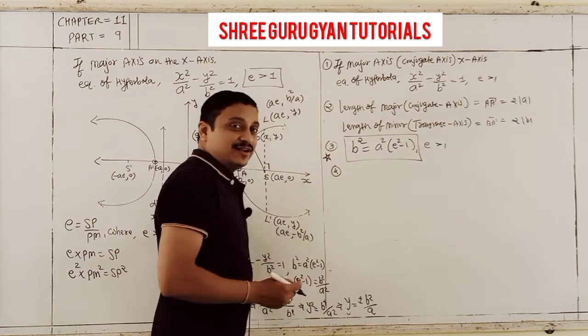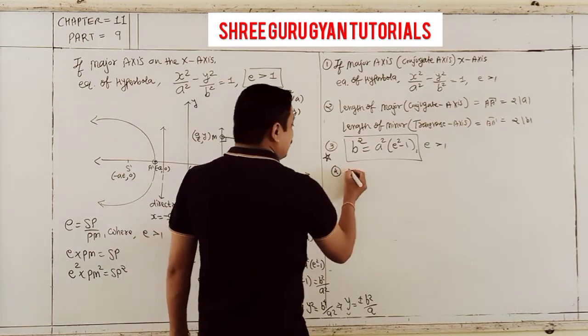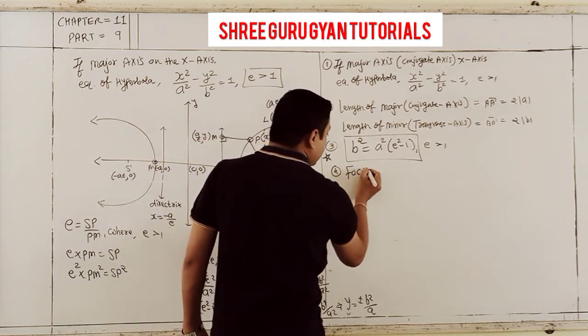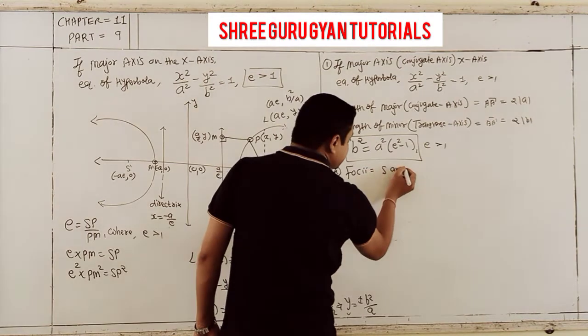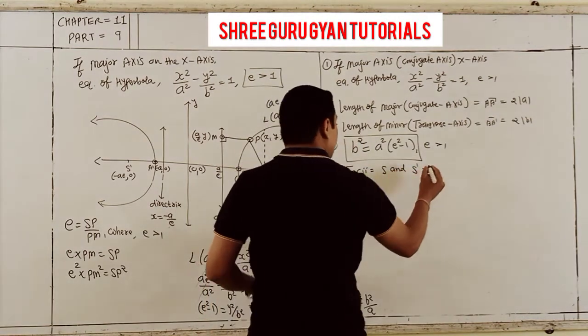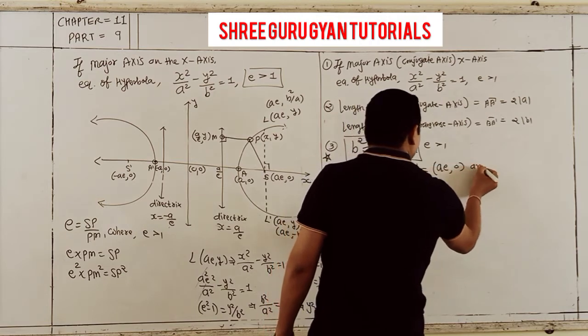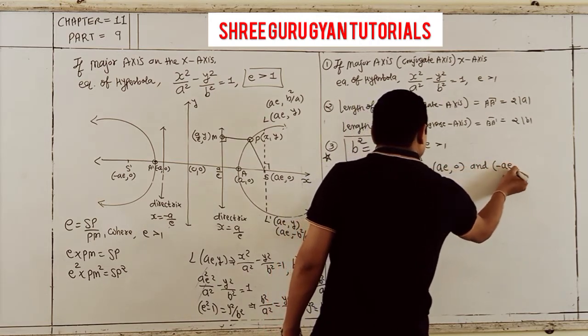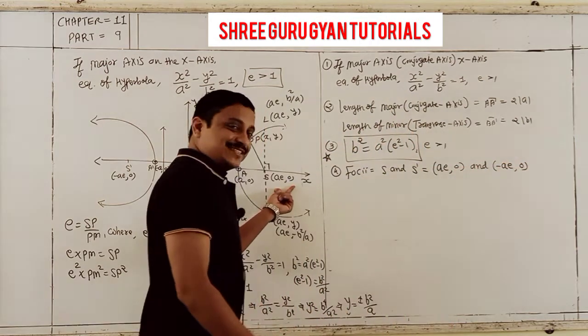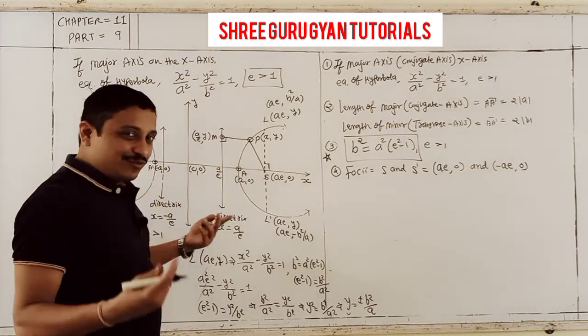Yes, that is our focus. So focus, I mean foci, S and S dash, should be written very easily: a comma 0 and minus a comma 0. These are the foci, I mean foci, write down.